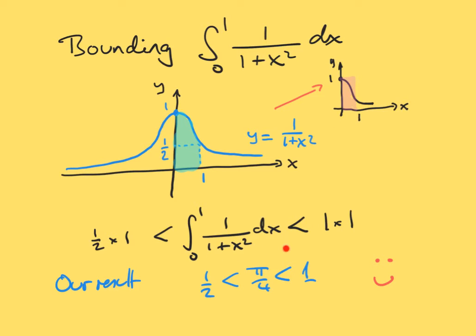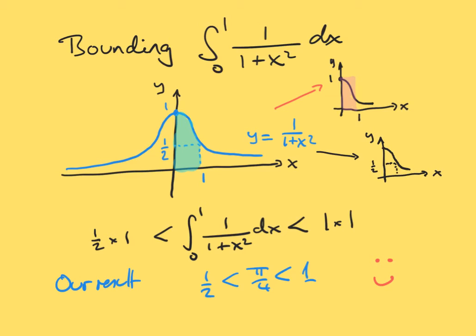So we see that our definite integral is less than the area of this rectangle with height 1 and base 1. So it's less than 1. And similarly here, for a lower bound, well, we know that the smallest value of our integrand is going to be a half.